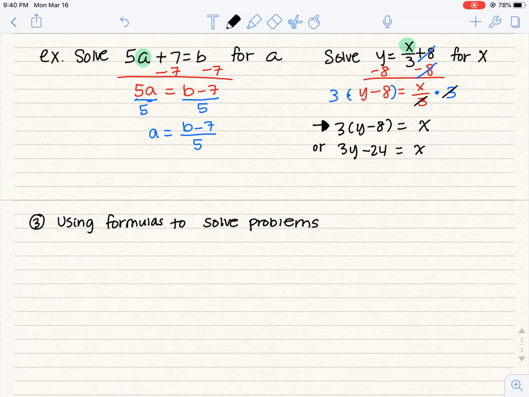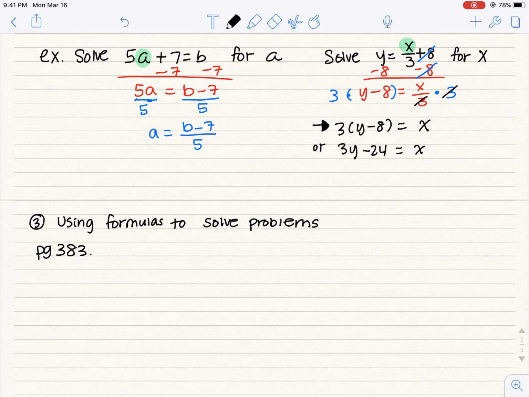Okay, so it says using formulas to solve problems. Let's say, if you want to take a look at your textbook, it's on page 383. I'll use an example from the textbook.